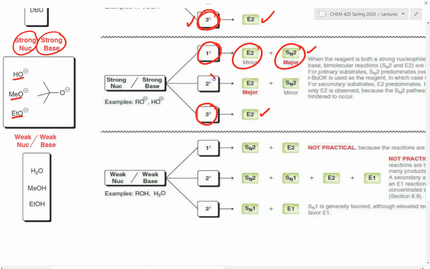Versus if we were to have a secondary substrate with a strong base and a strong nucleophile, it can do both E2 and SN2. And in this case, the E2 would be the major product. And the reason is that the acid-base reaction, which happens in the elimination reaction, is favored. And we have seen already that acid-base reactions happen a whole lot faster than substitution reactions. So this is why this would be the major product.